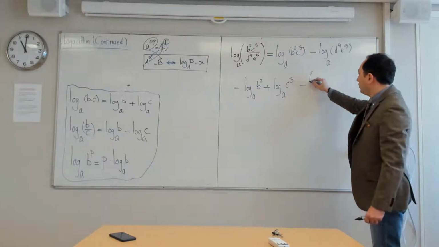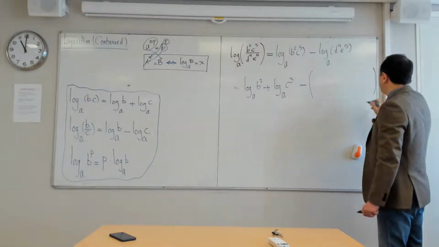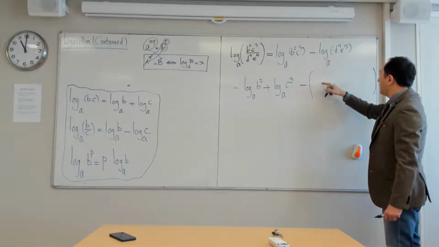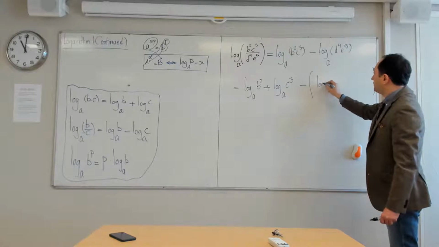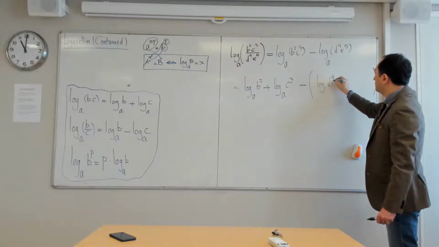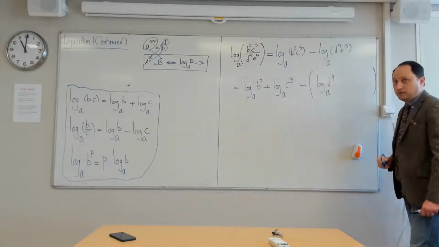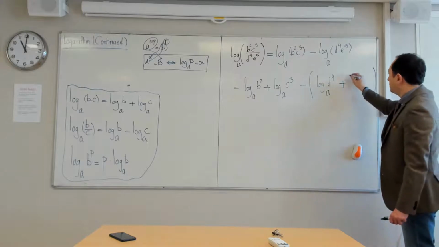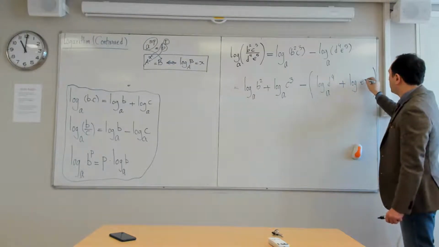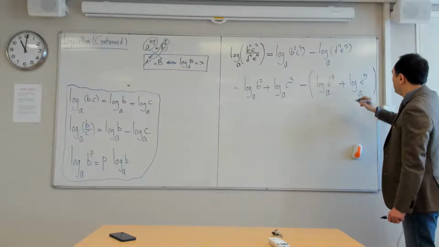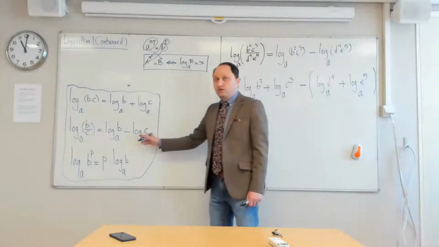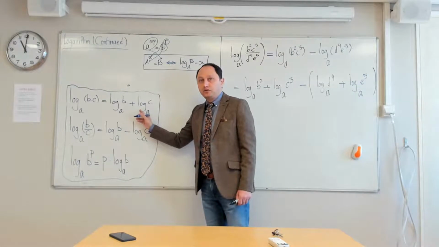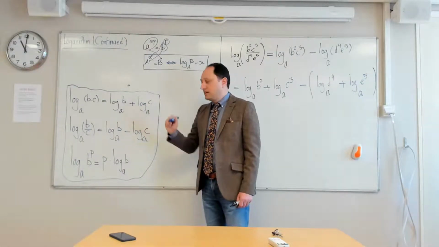So I have to open a pair of brackets and write the answer of this guy here. So it becomes the log of the first one in the base a plus the log of the second one in the base a. So you see the first thing that I did, I used the quotient rule and then the product rule.